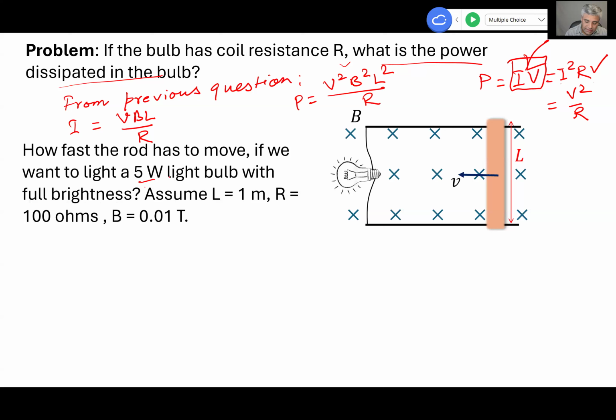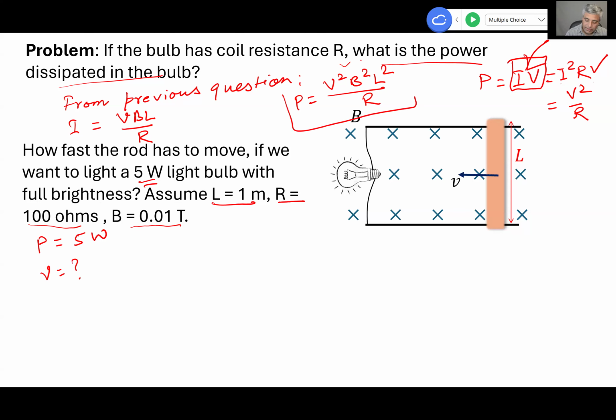Now it says power is 5 watt. Length is 1 meter, resistance is 1 ohm, and B is that. Those things are already there, so I don't need to list them again. We are looking for v.